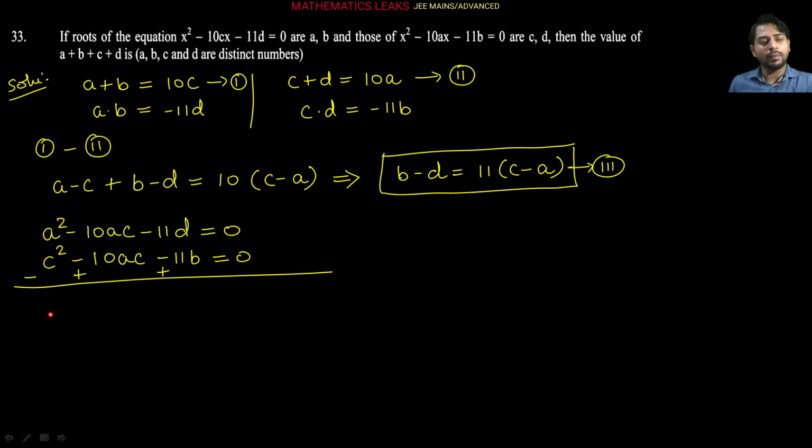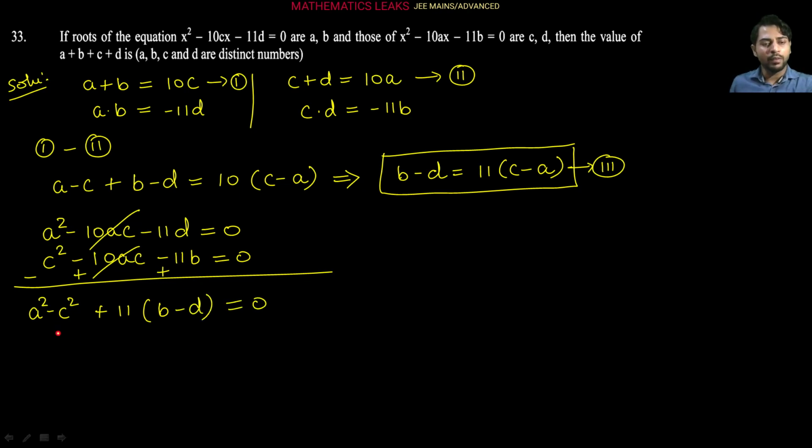As you can see, we are doing subtraction of these two equations, right? So a squared minus c squared we can write here, and minus 10ac plus 10ac gets cancelled, right? And taking 11 common, plus 11 times b minus d is equal to 0, right?